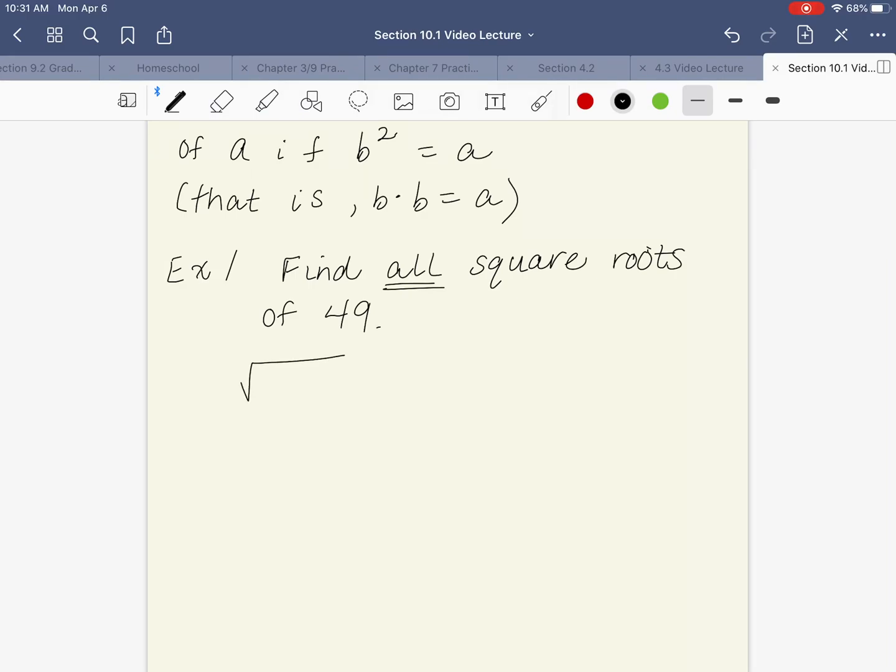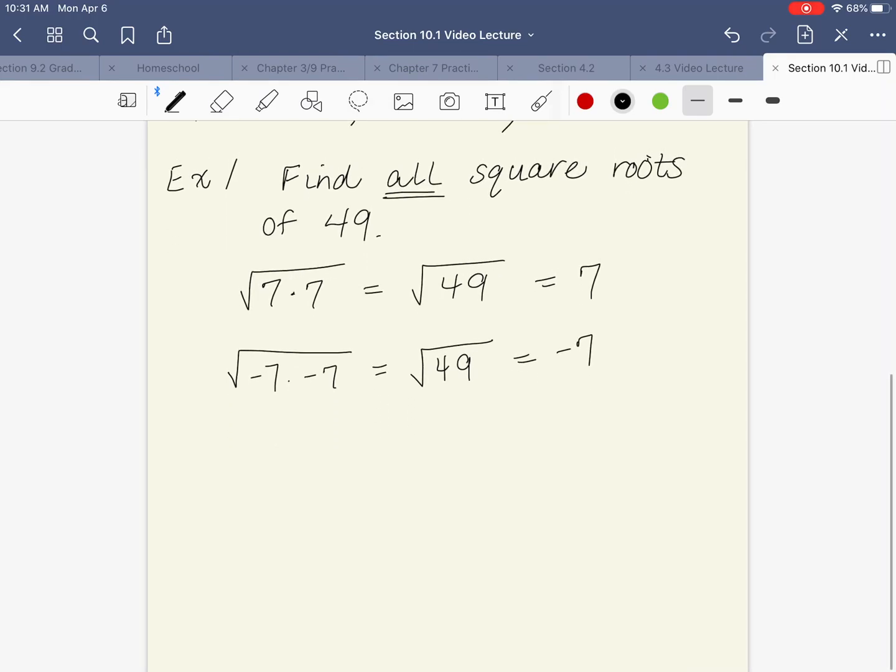I could have 7 times 7, that equals 49, so the square root of 49 is 7. But I could also have negative 7 times negative 7, because negative 7 times negative 7 is 49. So all the square roots of 49 would be 7 and negative 7.